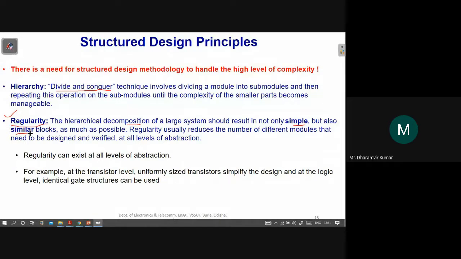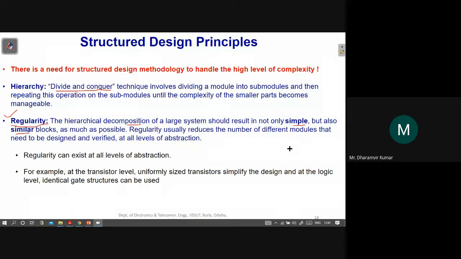Like you know that we can design any circuit, any logical equation with the help of just NAND gates or NOR gates. Suppose the design consists of only NAND gates, so in that circuit, only NAND gates are required. You will need to design one NAND gate and just use the replication of that gate to construct the whole circuit.